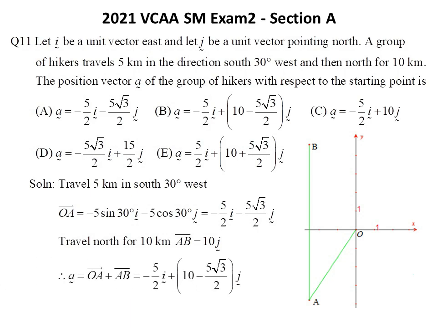Hence, the position vector equals vector OA plus vector AB, which equals -5 over 2 i plus (10 minus 5 square root 3 over 2) j. So, the answer for question 11 is B.